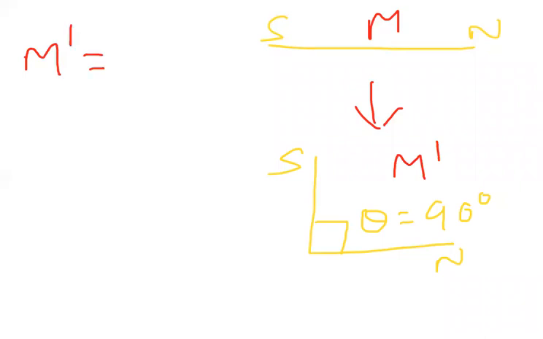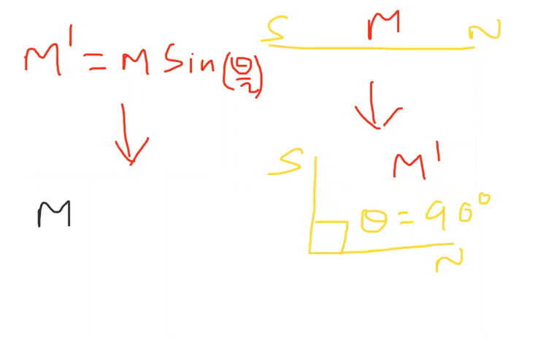We can write m dash is equal to M into sine of theta by 2. This is the formula I have. From this formula, I can write m dash is equal to M into sine of theta, which is 90, by 2.